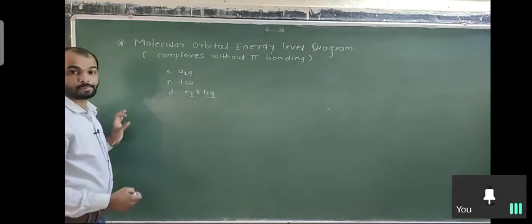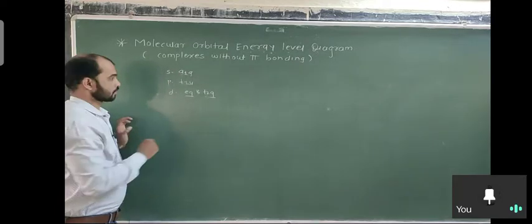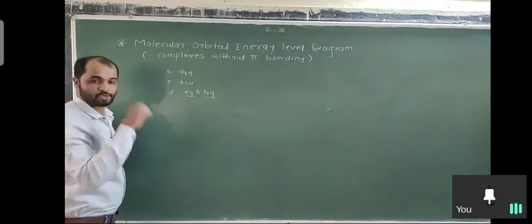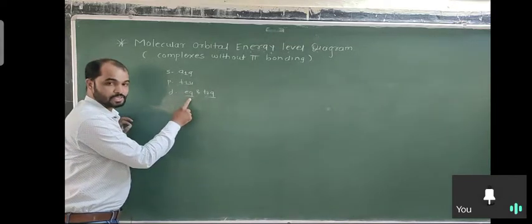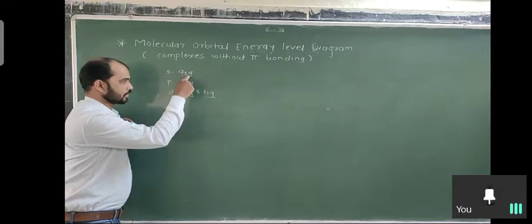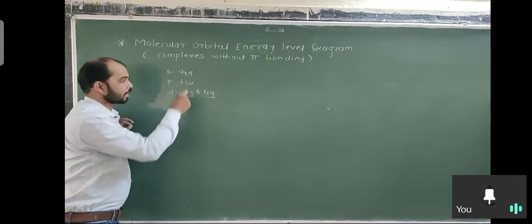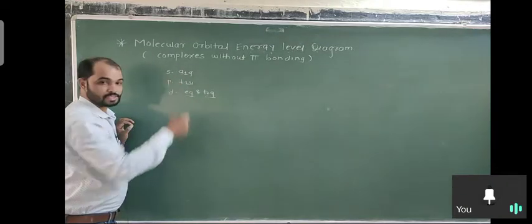On the metal side, the s orbital is spherical, around all three axes, and the p orbitals are also along the x, y, z axes. In d, only the Eg set of orbitals is oriented on the axis. So A1g, T1u and Eg take part in sigma bonding from the metal side.